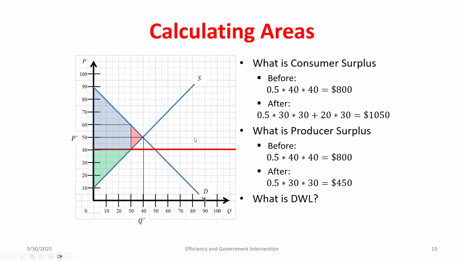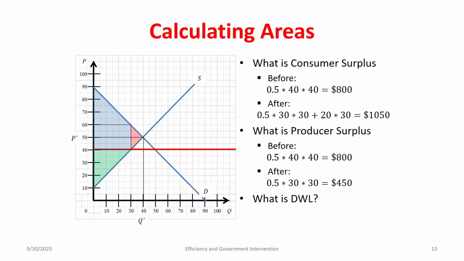Now, how could I visually find deadweight loss without just comparing the total economic surplus? It's the loss of surplus, or the area between my supply and demand curve, for what units? So what area represents deadweight loss? The only area we haven't talked about is this red area. We said deadweight loss comes from the fact that the market is now at a quantity that is too low.